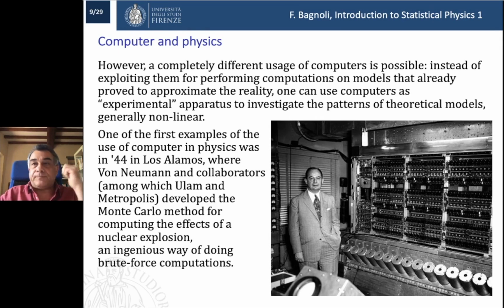The adventure of computers and physics is relatively old. It started about in the 40s in Los Alamos, where the team guided by von Neumann, the man here, developed the first computers.